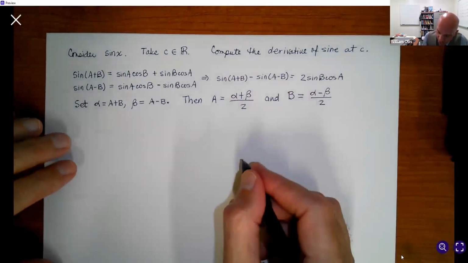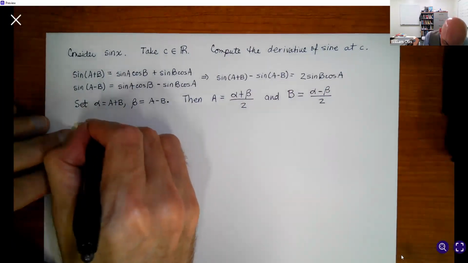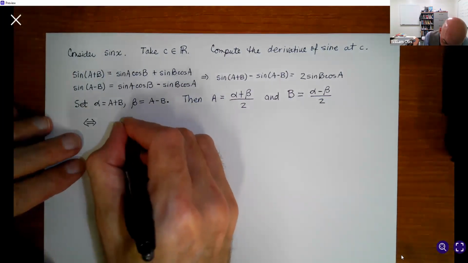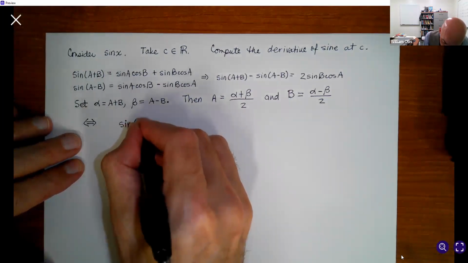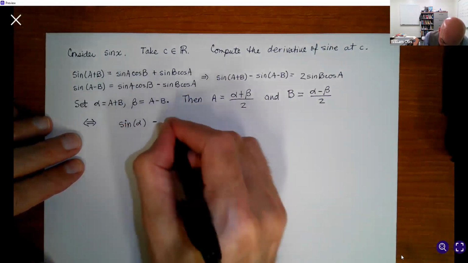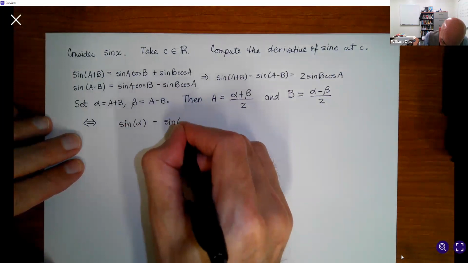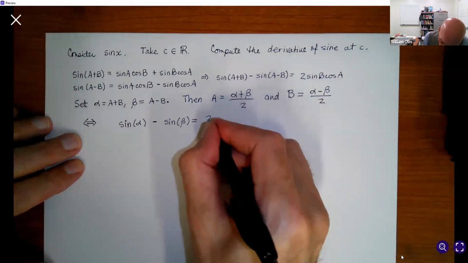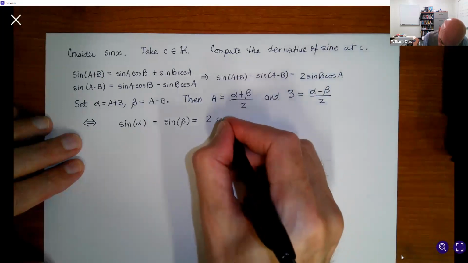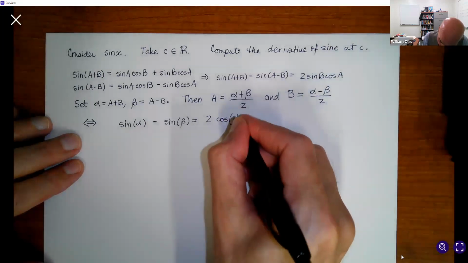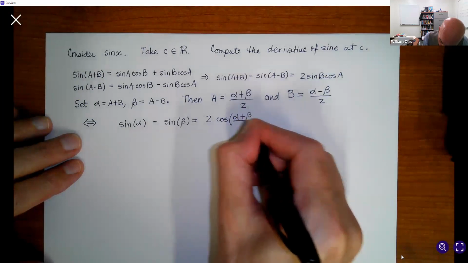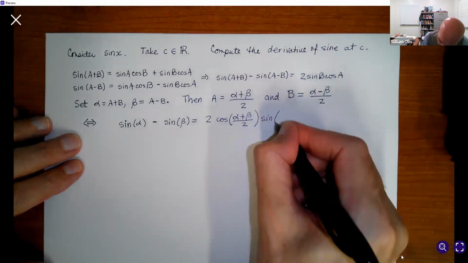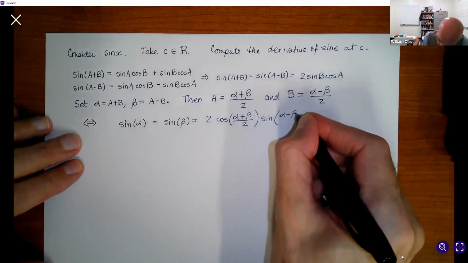Okay, so that transforms this. So equivalently, in a form that's going to help us solve this problem, we'll have sine of alpha minus sine of beta equals, now we've got 2, you can do the cosine first, cosine alpha plus beta over 2 sine alpha minus beta over 2.